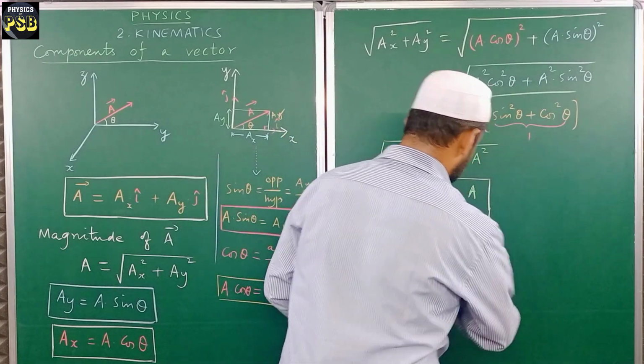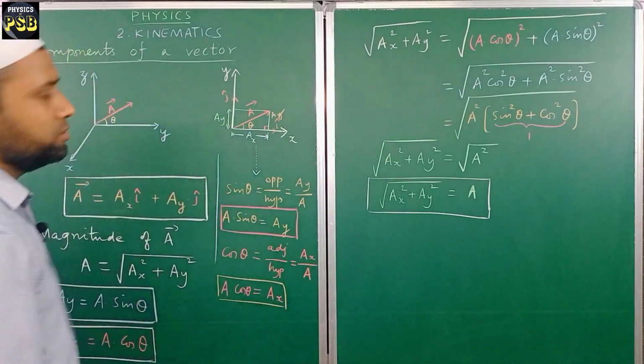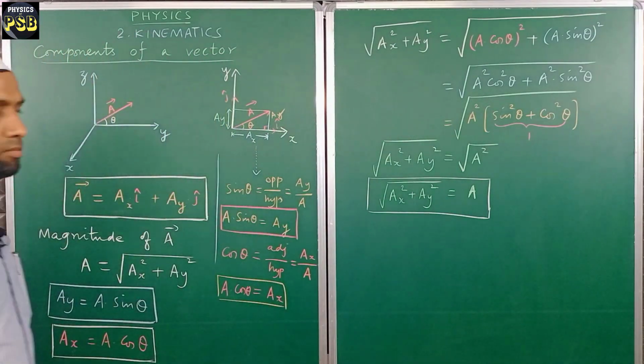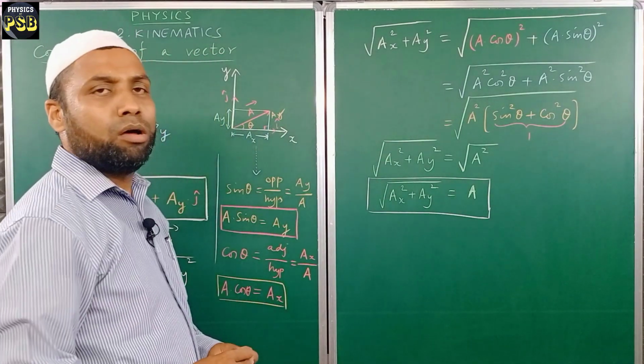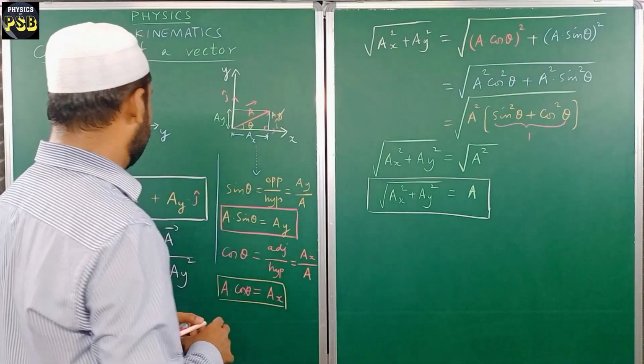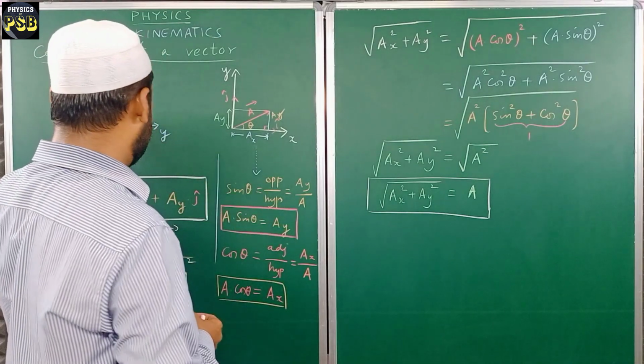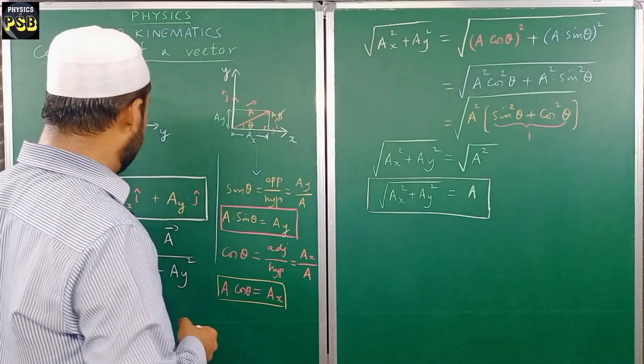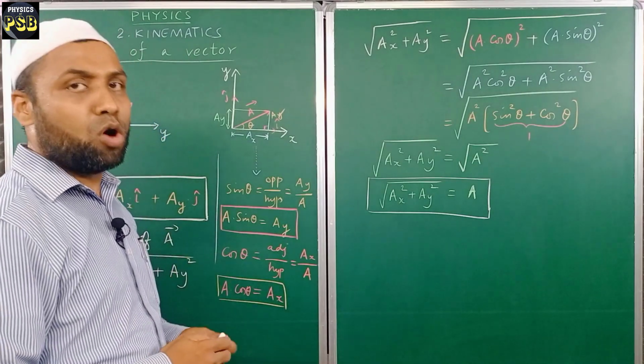Now I take this diagram and explain the different components of a vector when it is placed in a three-dimensional coordinate system.